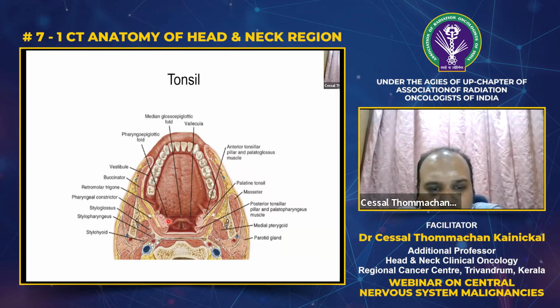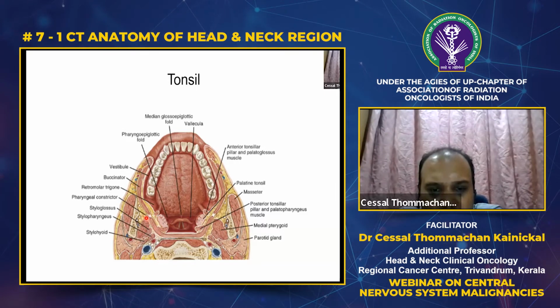Now, if you have a lesion here, it can also spread to the oral cavity through the buccinator muscle. From there, it can spread into the buccinator muscle. And when the tumor pierces the pharyngobasilar and buccopharyngeal fascia, it can lead on to the parapharyngeal space here.